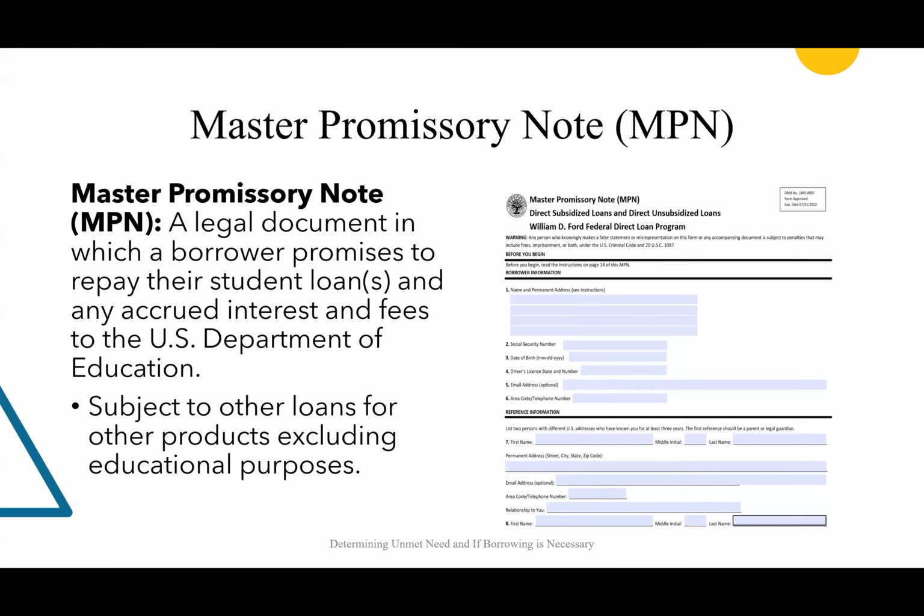It establishes terms and conditions, ensuring borrowers are legally obligated to repay. So this serves as a legally binding agreement. This master promissory note is also subject to other loans for other products that may also exclude educational purposes as well.